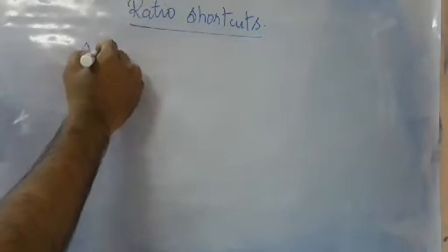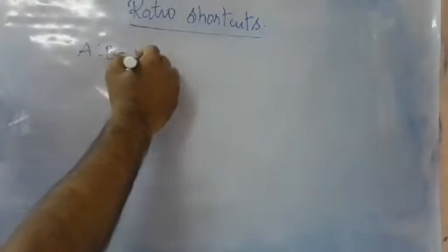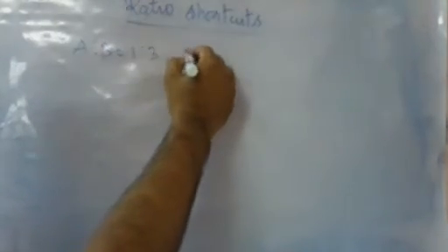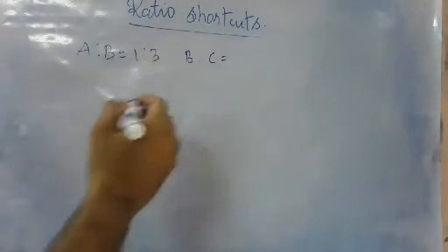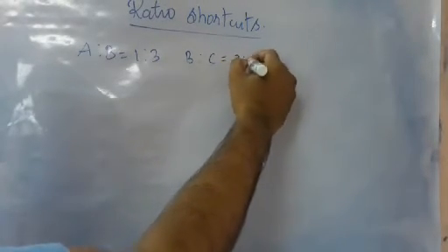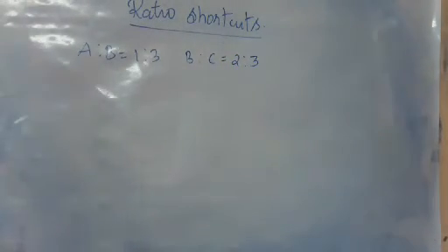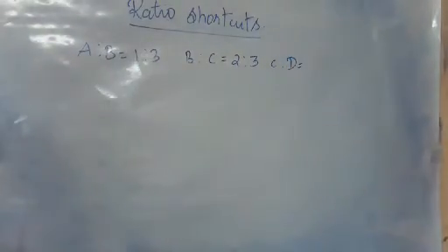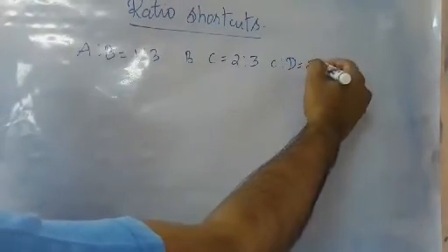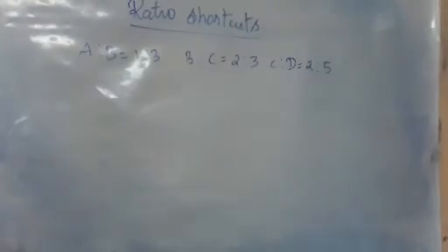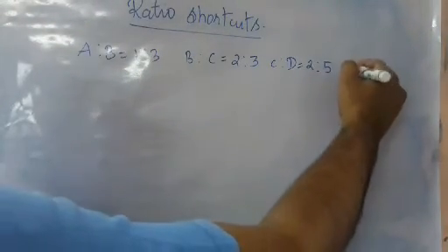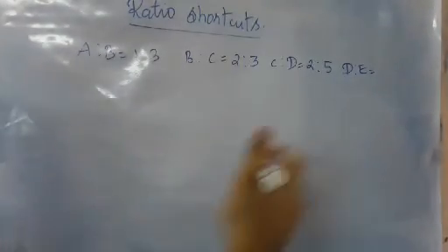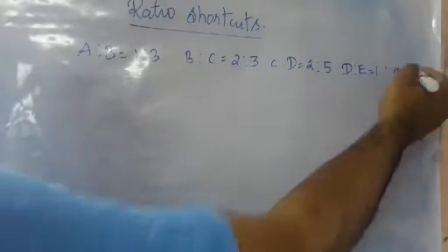The ratio between A is to B is 1 is to 3, and B is to C is 2 is to 3, and C is to D is 2 is to 5, and the ratio between D is to E is 1 is to 2.